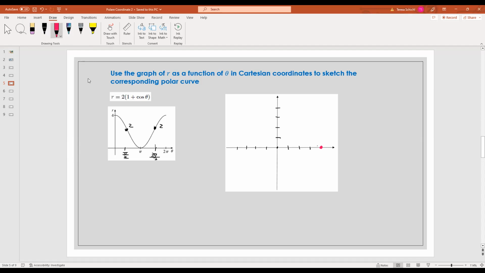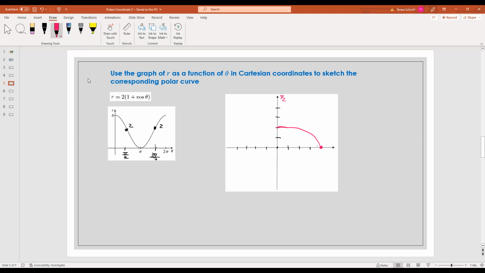When I swing to pi over 2, my distance is only going to be 2 here, right? So here I'm going to have a graph like that. After pi over 2, my length r is going to get smaller and smaller.